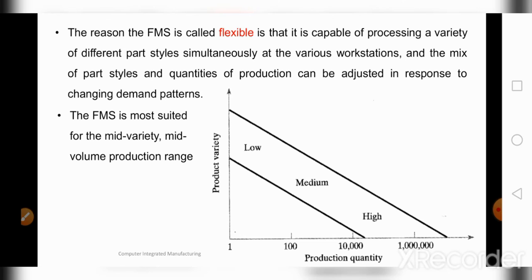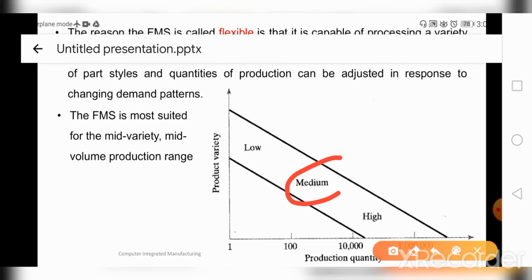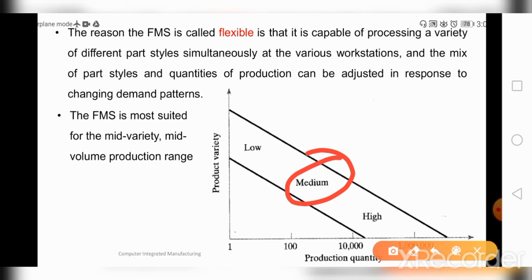The FMS is most suited for the mid-volume production range. It is not suited for very high volume production, and not for very low volume production either. When we plot a graph of product variety versus production quantity, it is at the mid, the medium stretch.